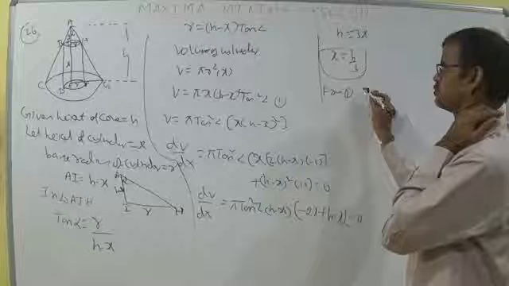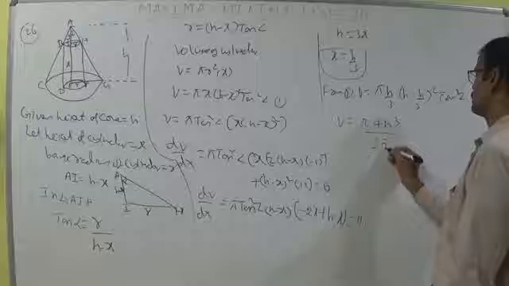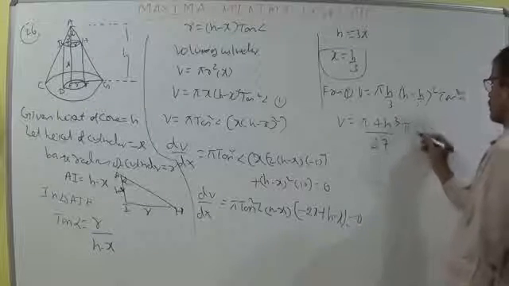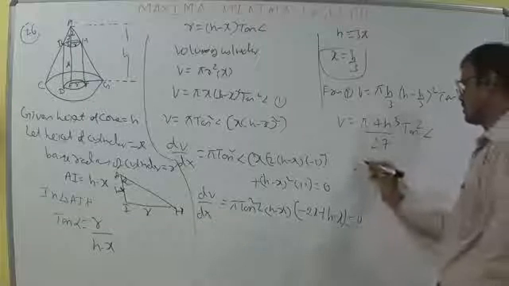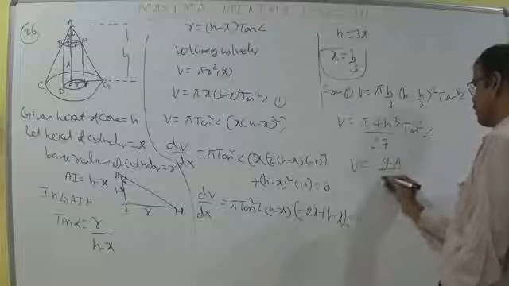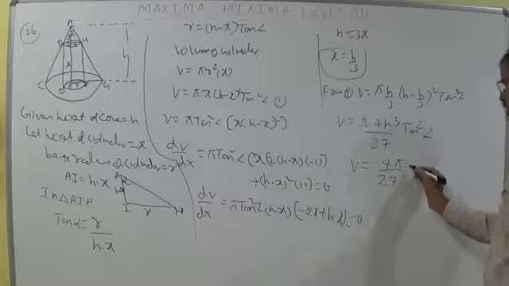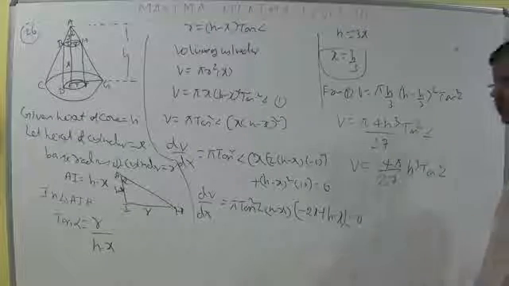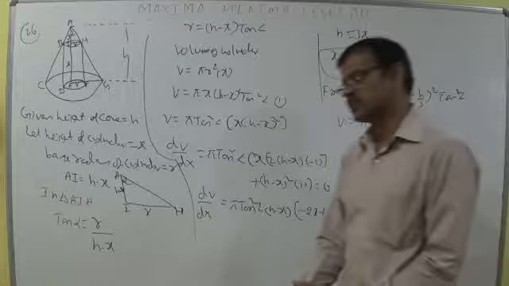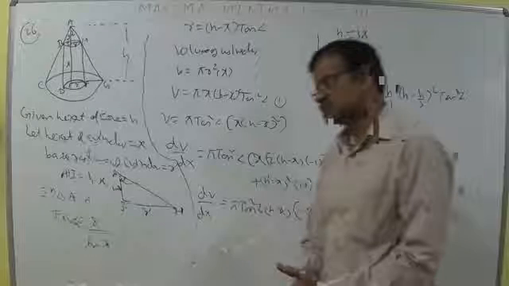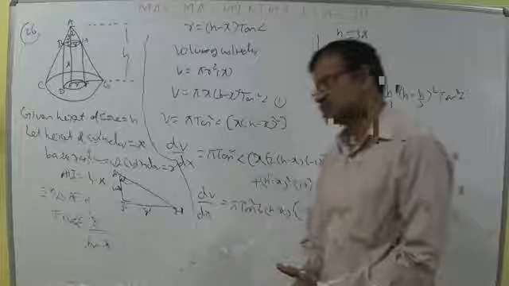Now let us discuss the 27th question. A right circular cylinder of maximum volume that can be inscribed in a sphere of radius 12 centimeters, find the height of the cylinder. Students, the 27th question depends upon the formula we discussed in the 23rd question, 2R by root 3.